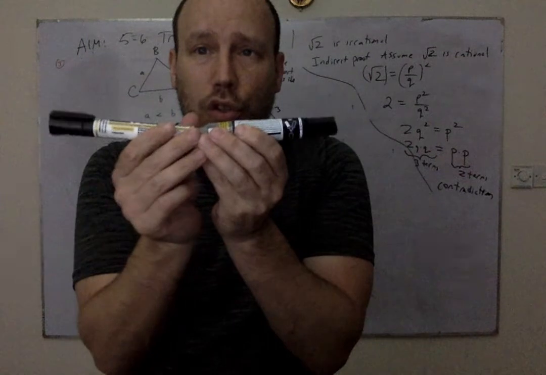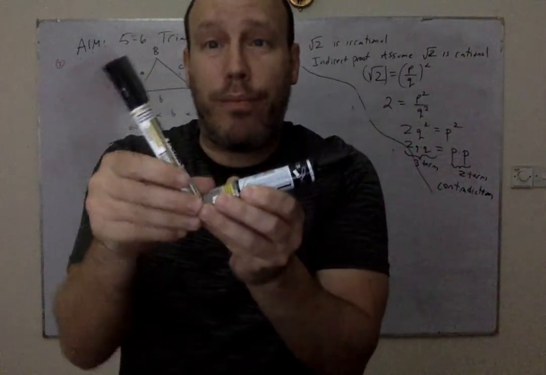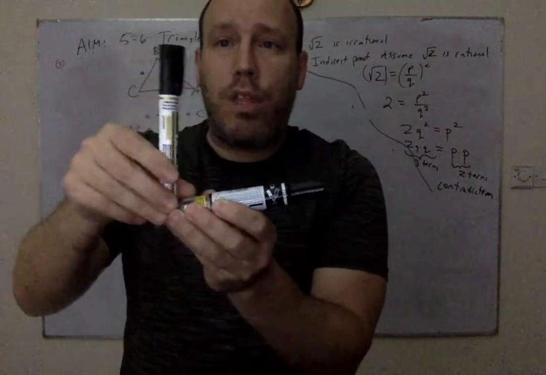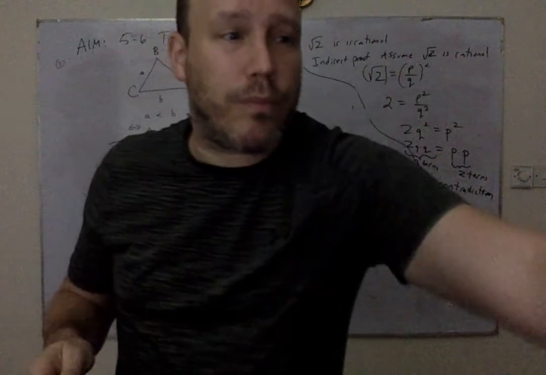You can't have that. So the two sides have to be greater than the third side. Once the third side is equal to the two sides, you don't have a triangle anymore.